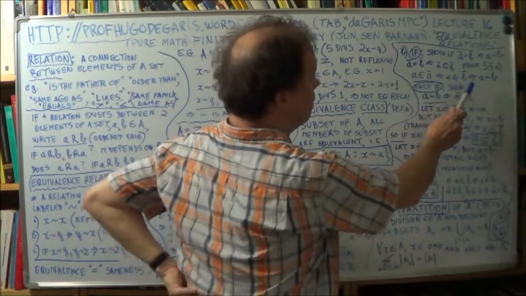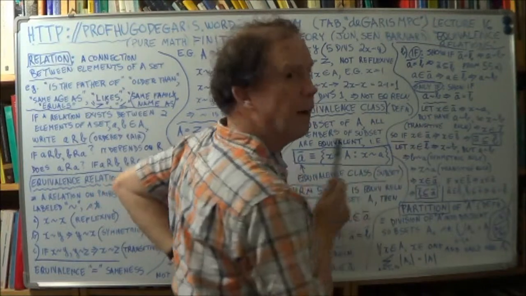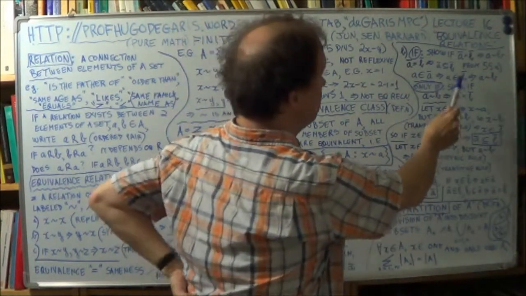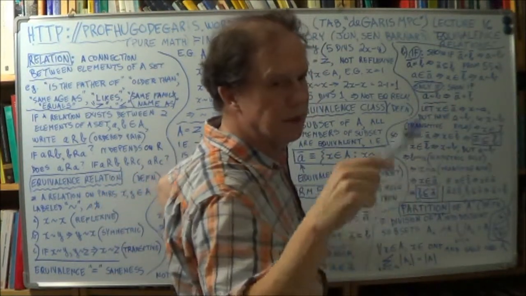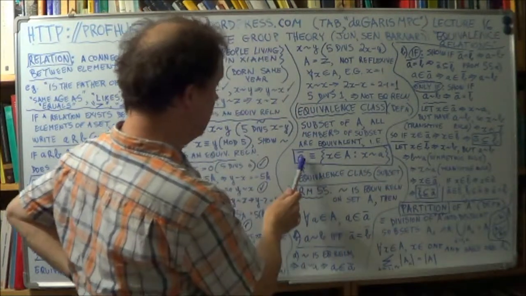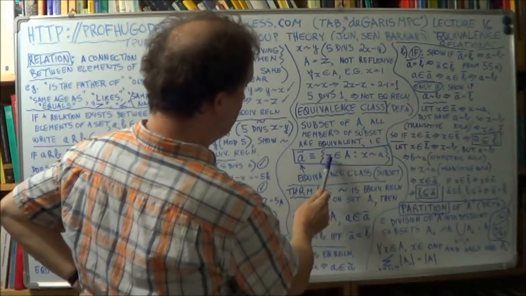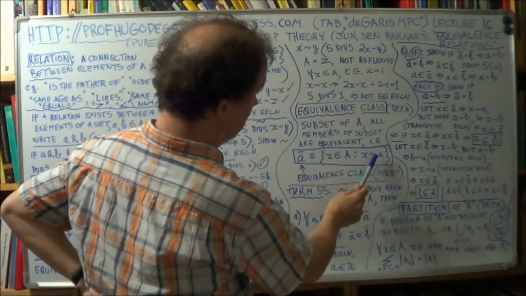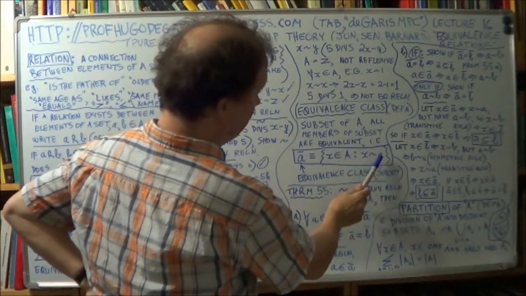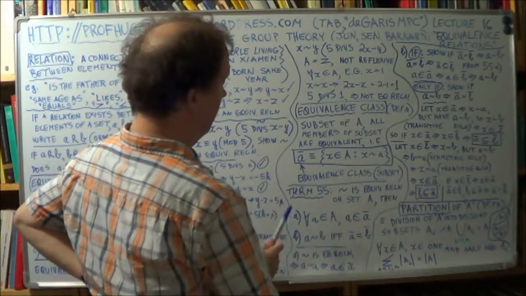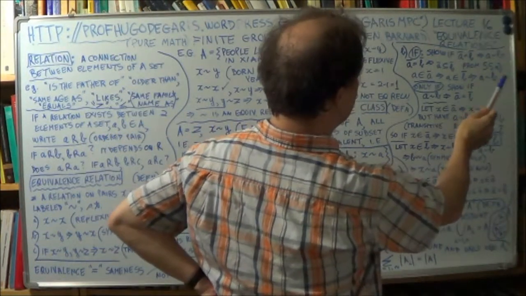Now, if A belongs to B bar, that means, now what is B bar? It's just the set of all, so if this is B bar, you'd have a set of all these x's where x tilde b, right?